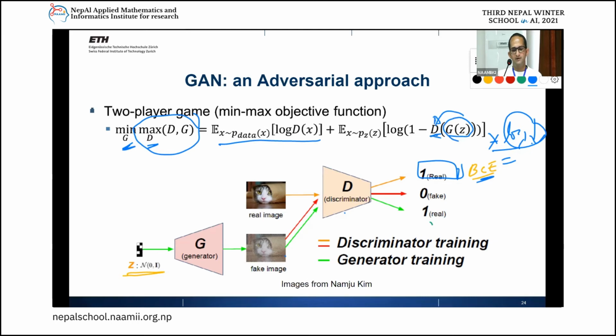This discriminator will tell me things are close to 1. This is real. And hence the whole thing gets minimized.